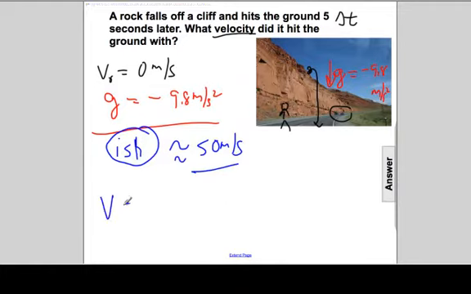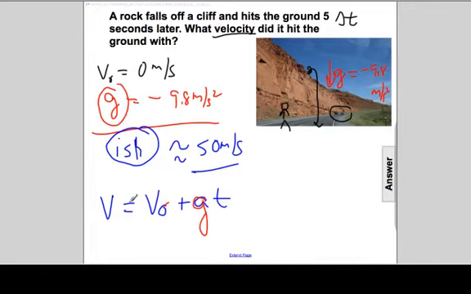We know that final speed will be the initial speed plus the acceleration times the time, which is kinematic equation number 1. And that acceleration, we can't lose sight of the fact that it's g.